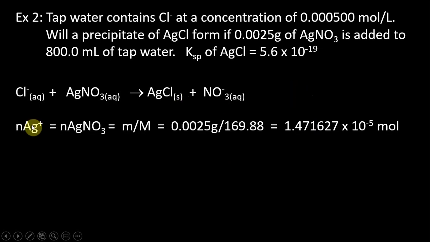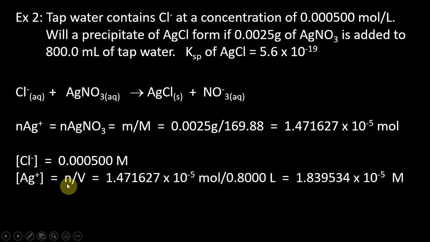Find the number of moles of the silver ions from the number of moles of silver nitrate. It's a 1-to-1 ratio, so that means we have 1.47-ish times 10 to the minus 5 moles. For chloride ions, we are given the concentration in the question, 0.0000500 moles per liter. Now we need the concentration of the silver ions, the number of moles divided by volume.